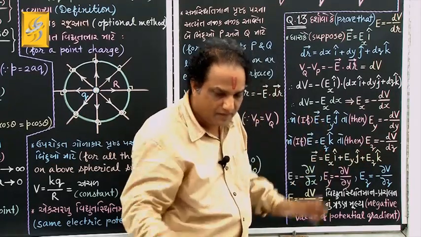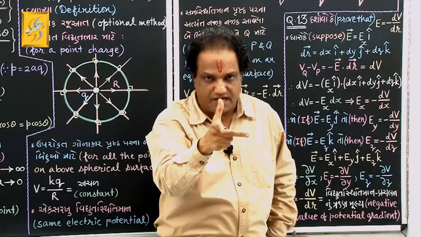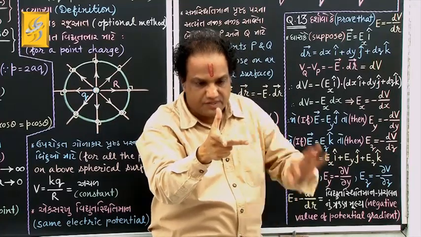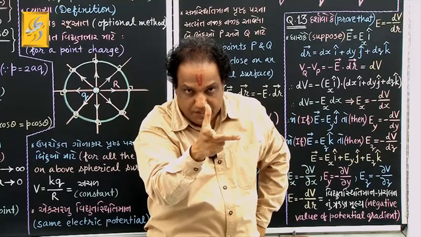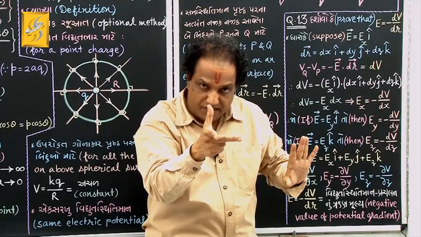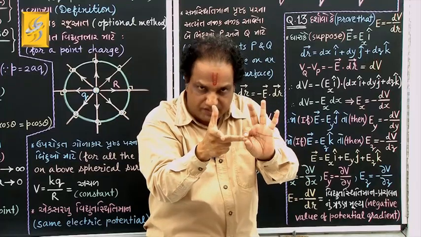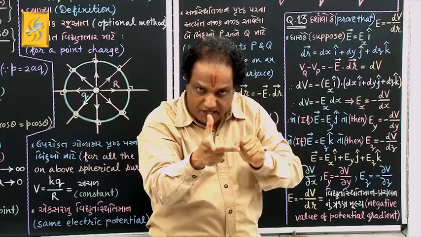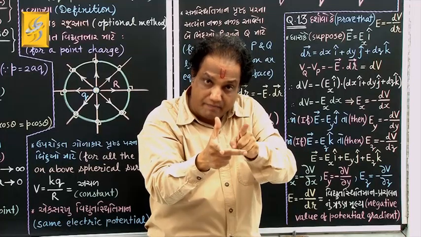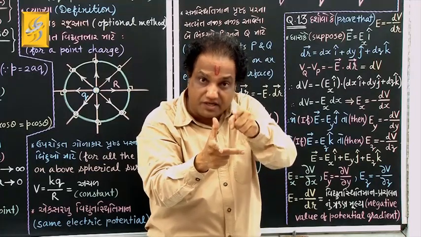Fine. Now consider this as a three-dimensional Cartesian coordinate system. So this is the x-axis, this one is the y-axis, and this one is the z-axis. You have so far considered electric field either along the x-axis or the y-axis or the z-axis, but not necessarily. Electric field can be in a direction other than these three directions.